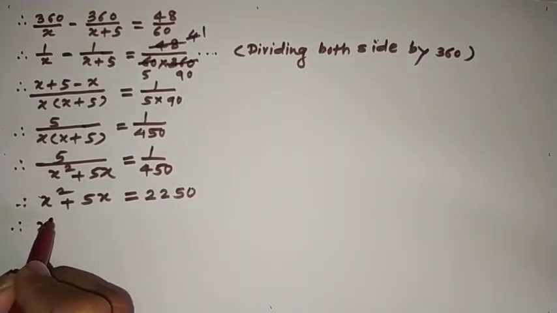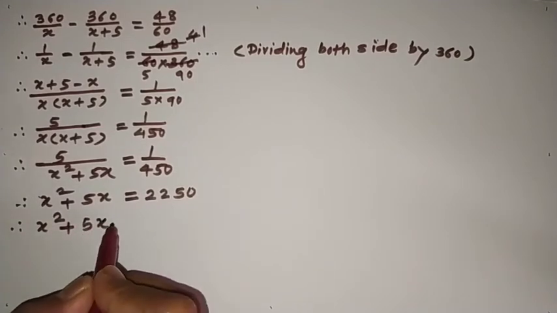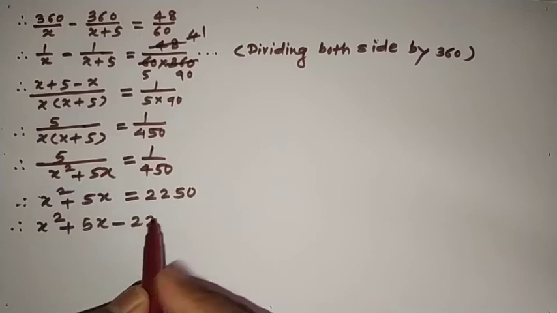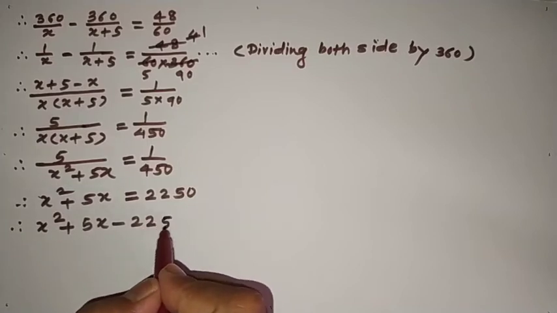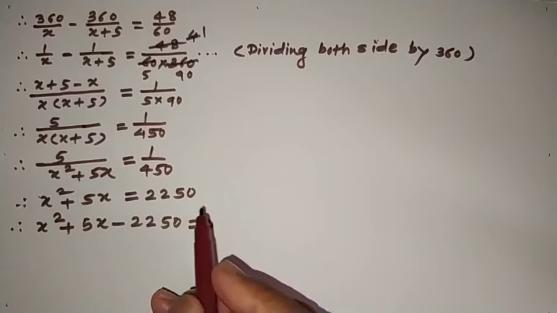Therefore x square plus 5x minus 2250 is equal to 0.